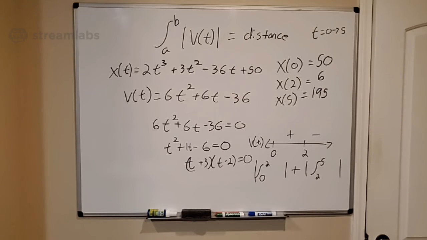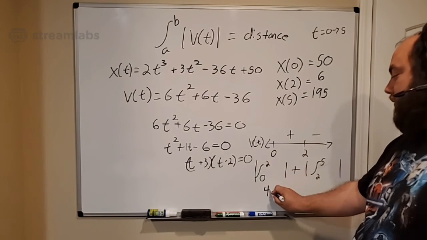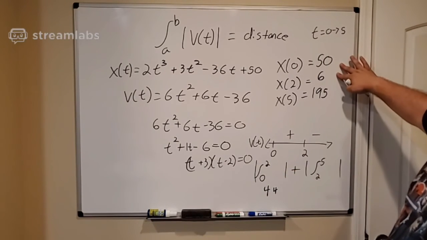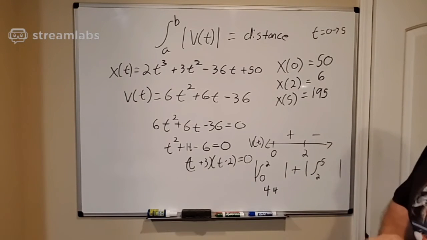So in between 0 and 2, how far does the object travel? 44. So that means the integral from 0 to 2 would give me a value of 44. Now, if you do the actual integral, you're going to find out that it's going to be negative 44, because remember, the regular integral will give you your displacement.